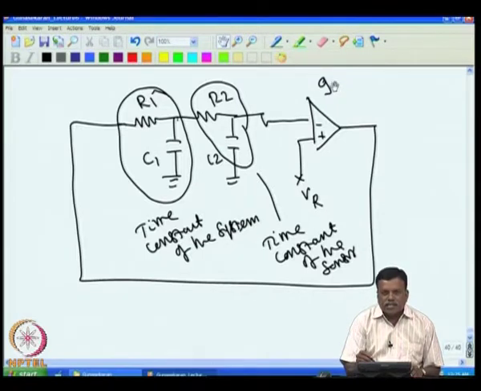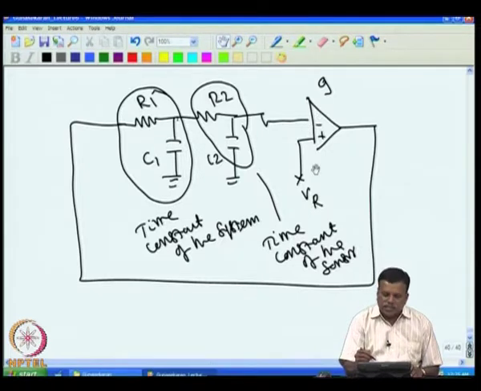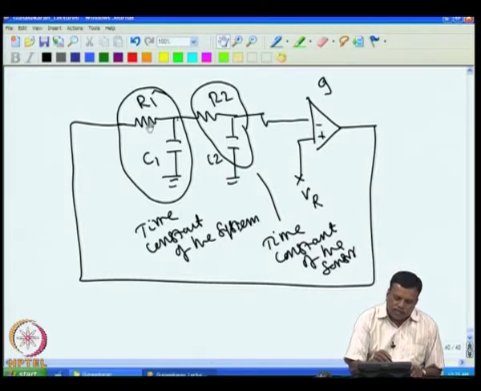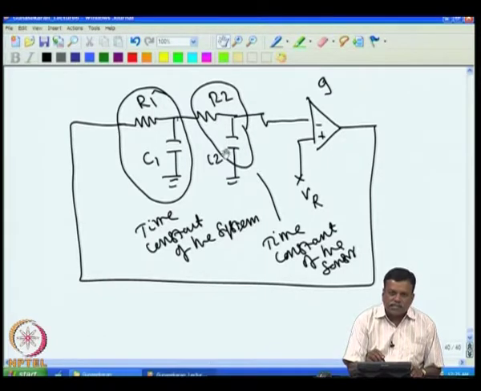Now, to understand that, we can look at the whole system from a slightly different angle. For example, this RC can give a phase shift as much as 90 degrees, and this RC also can give a phase shift of 90 degrees at some frequency.